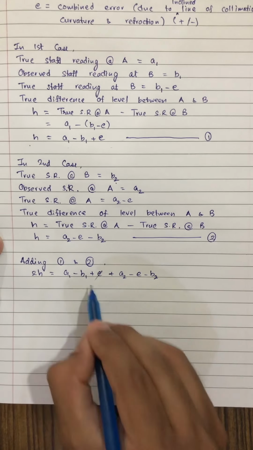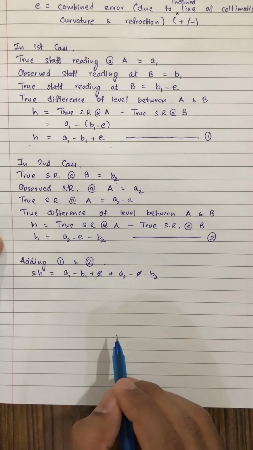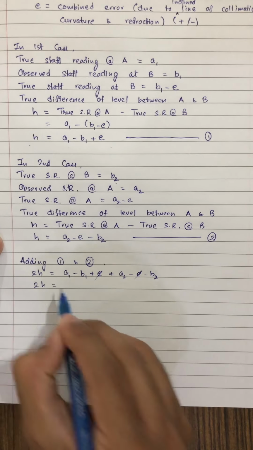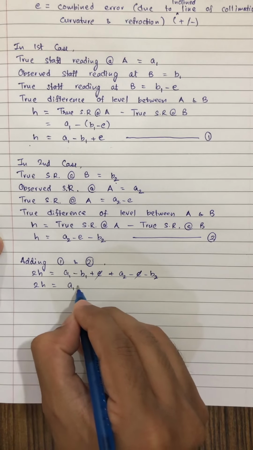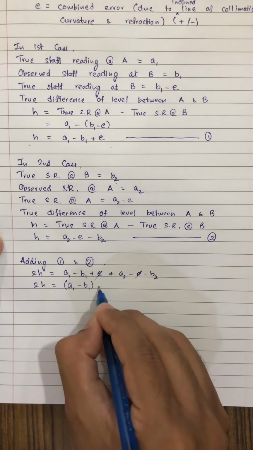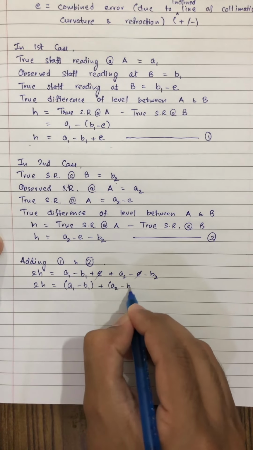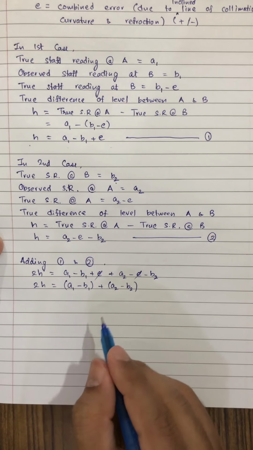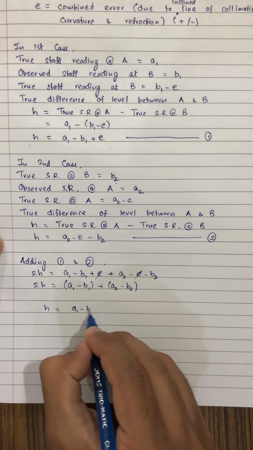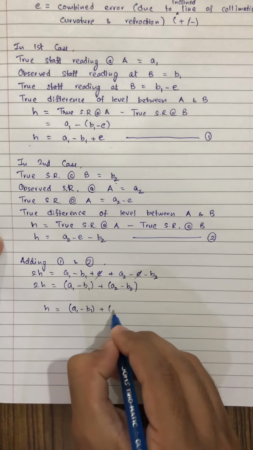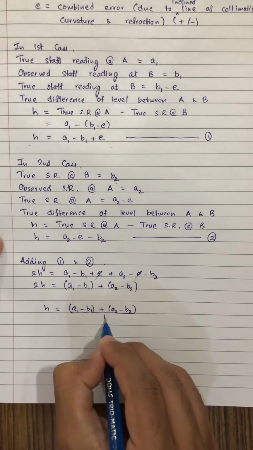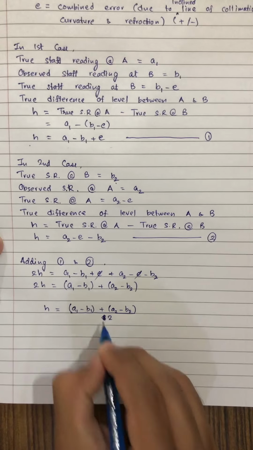Here, plus E and minus E will get cancelled. We get 2H is equal to A1 minus B1 plus A2 minus B2, or H is equal to (A1 minus B1 plus A2 minus B2) whole divided by 2.